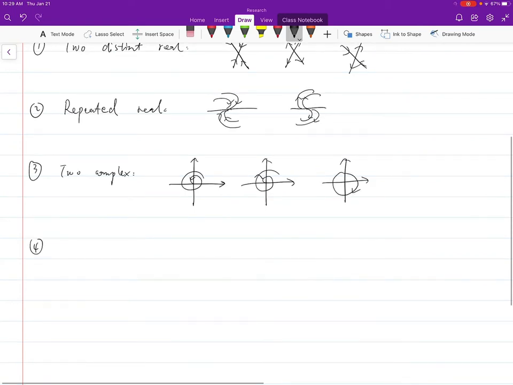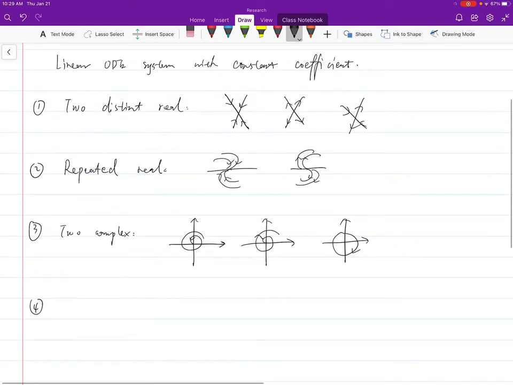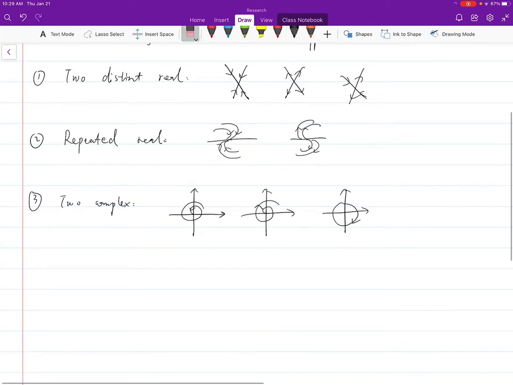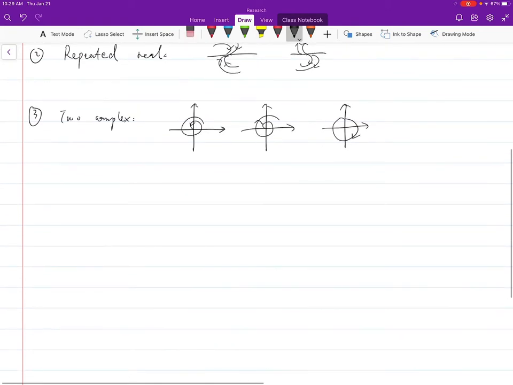Of course, we can also have what we call degenerate cases, where we have 0 eigenvalues and such. So now what we want to do is summarize everything into a quick table. We want quick access to the phase portrait.